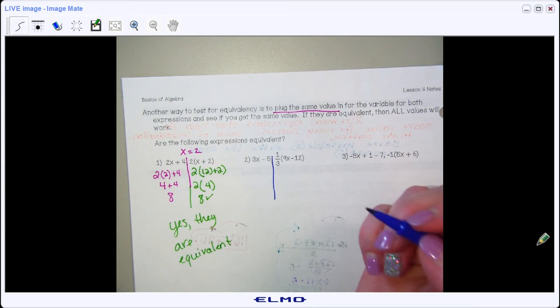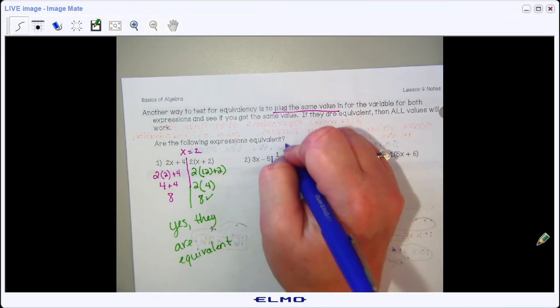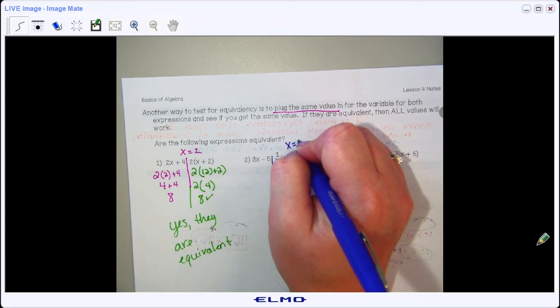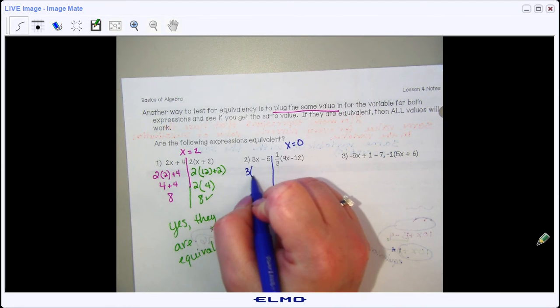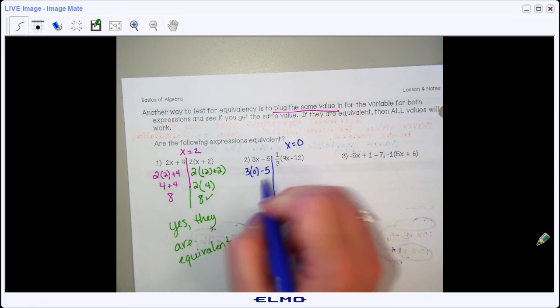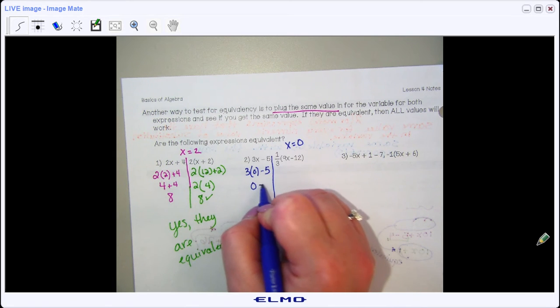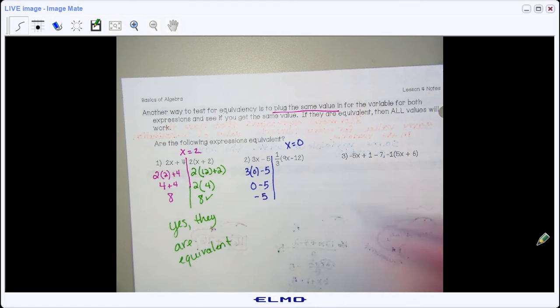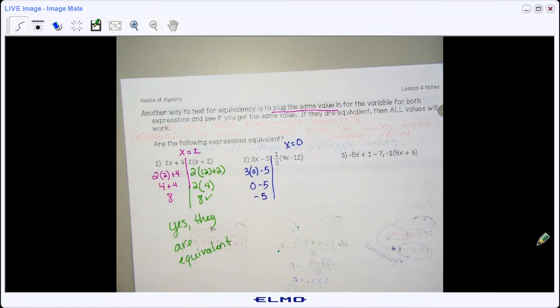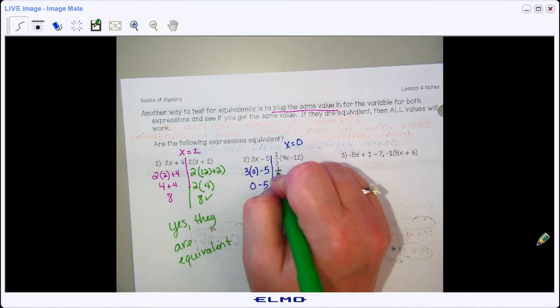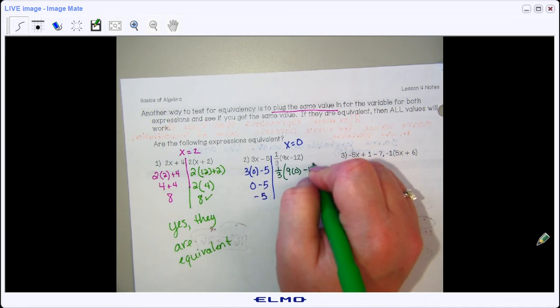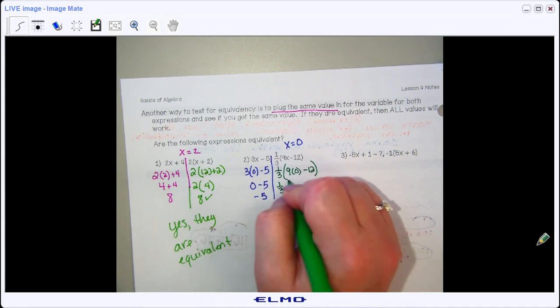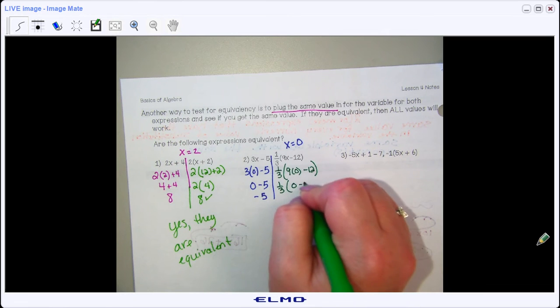All right, let's see here. Let's use x equals 0. We could use 0 to test. So 3 times 0 minus 5. So 3 times 0 gives me 0. Minus 5 gives me -5. Over on the other side, that would end up being 9 times 0 minus 12. 9 times 0 gives me 0.